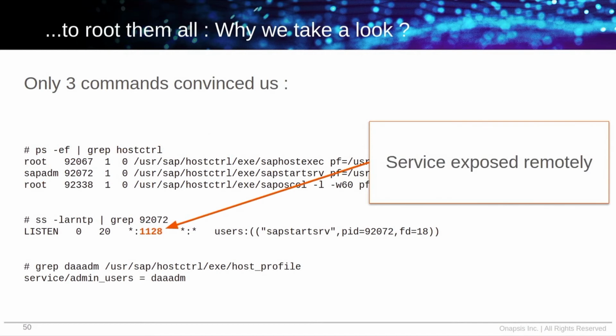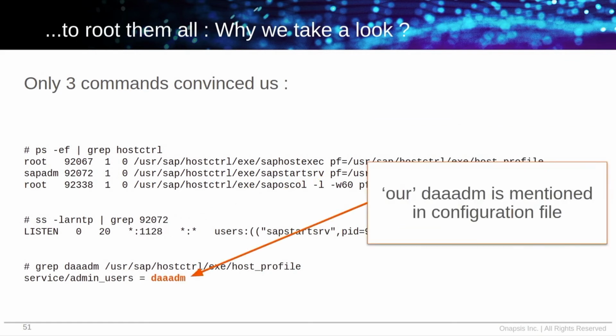The second one, you can access the services remotely using the port 1128. Okay, and the last one, the most important one, is we found how the ADM user is listed somewhere in the configuration file of the SAP host agent. So these three things convinced us that we needed to go deeper on it.